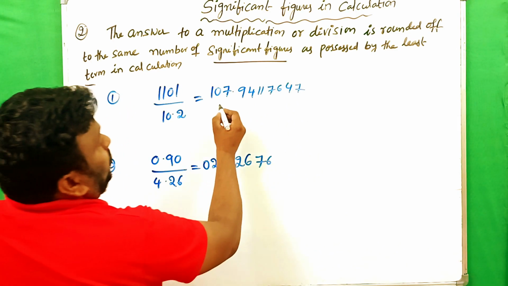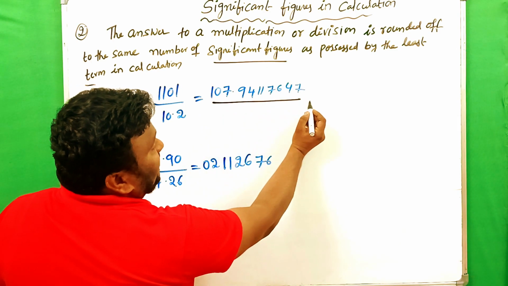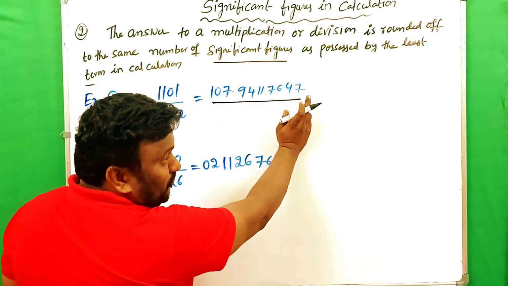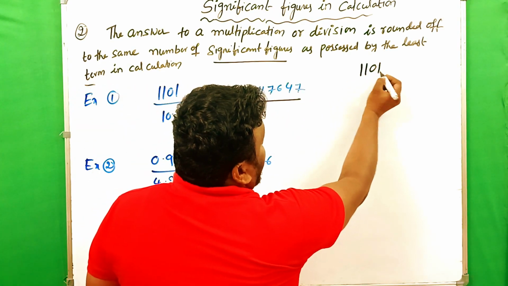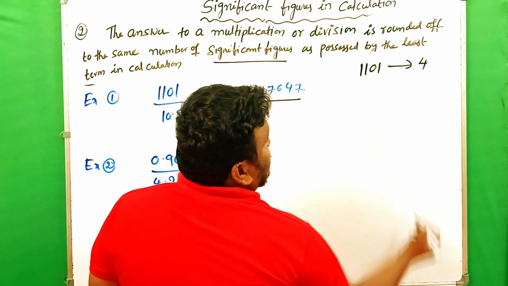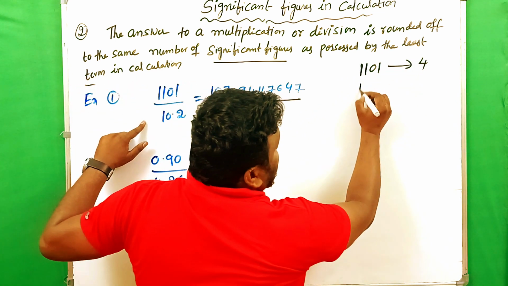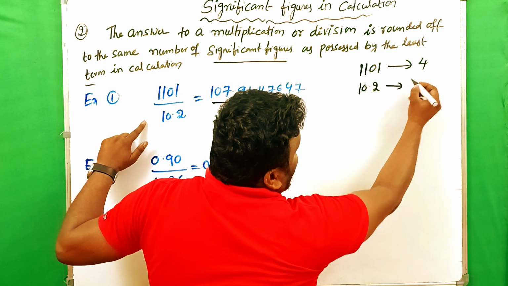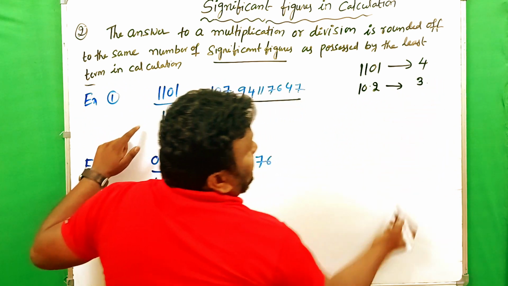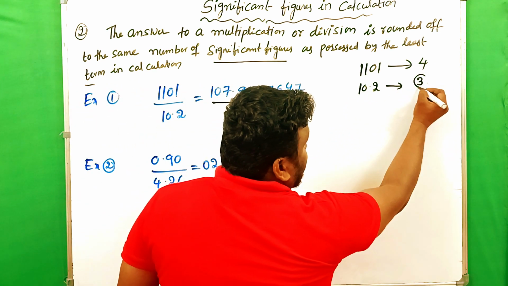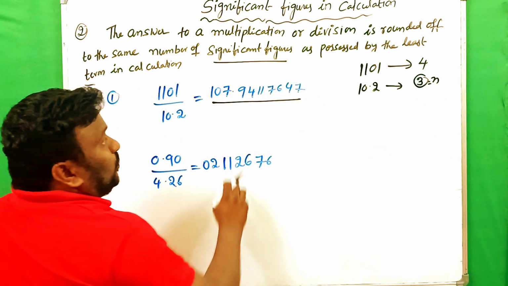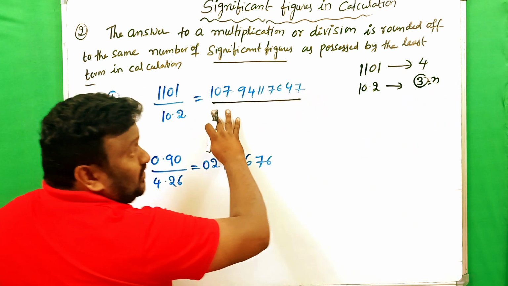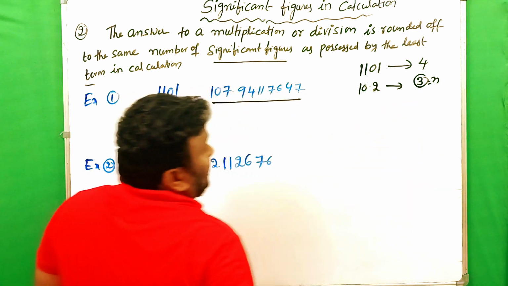So now to how many significant figures is the answer going to be rounded off? Let's see here now. 1101 has 4 significant figures, it's very clear, and 10.2 has 3 significant figures. So among these two, this is the least one, that's why this value is taken as n. Now this answer is also going to be rounded off to 3 significant figures.